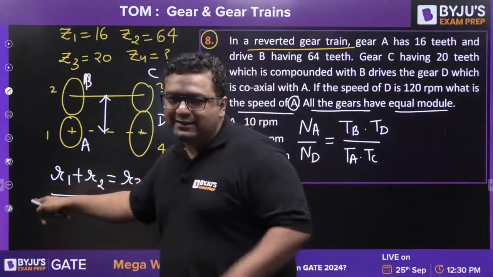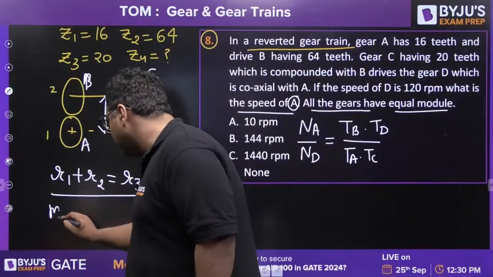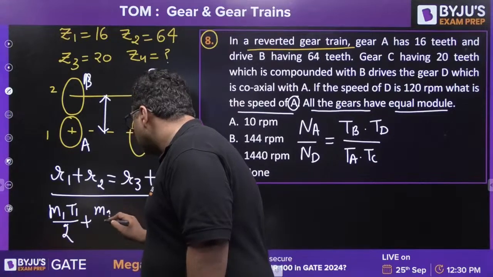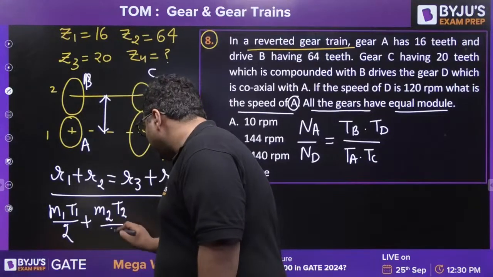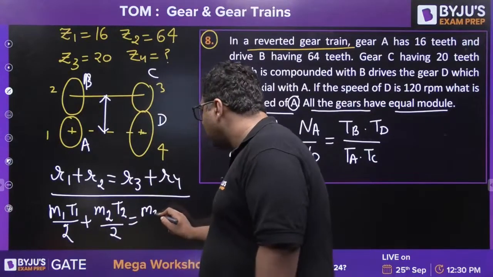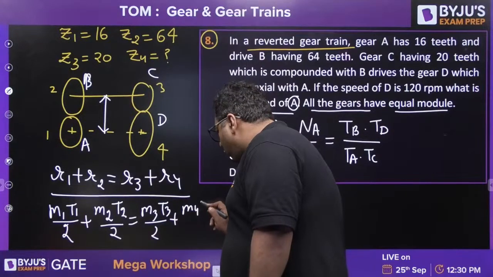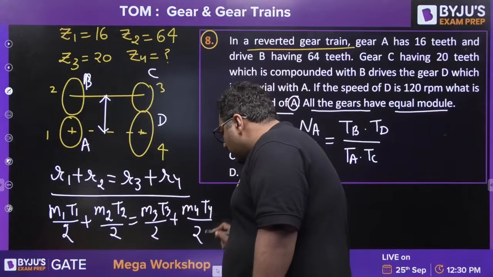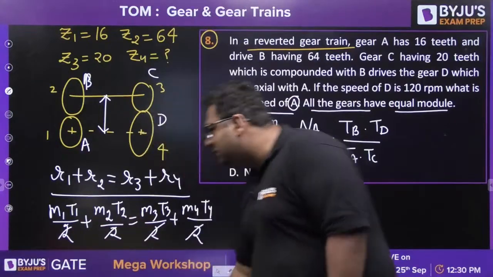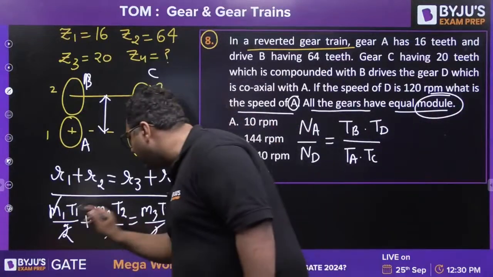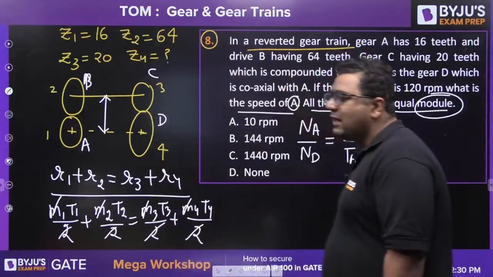First of all, radius is module times teeth by 2: m1 t1 by 2, m2 t2 by 2, m3 t3 by 2, m4 t4 by 2. The 2 will get cancelled out. They are saying all are equal modules, so m1, m2, m3, m4 will cancel out.